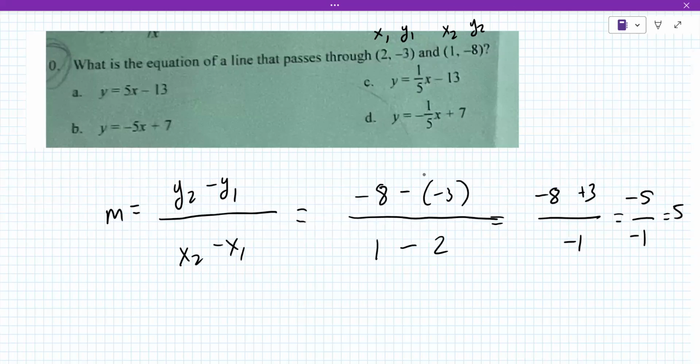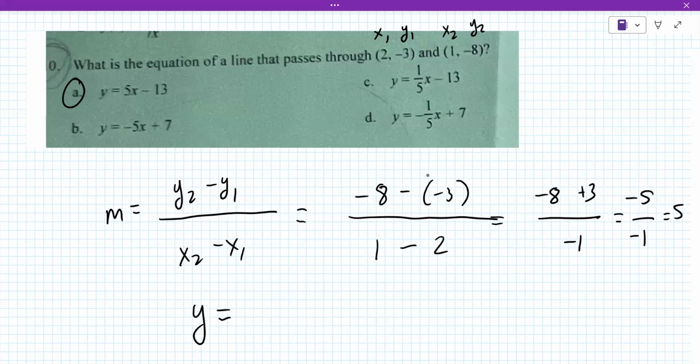Okay, so let's continue this on. We know the answer is A, but let's talk a little bit more about it.